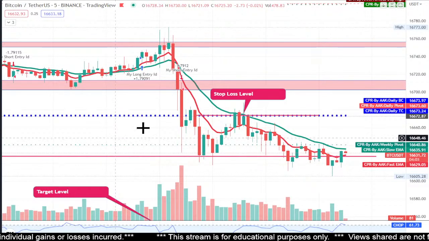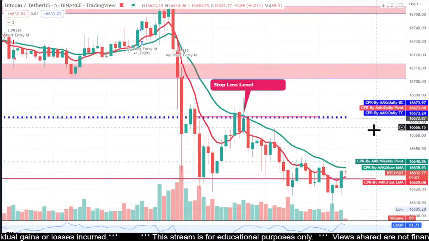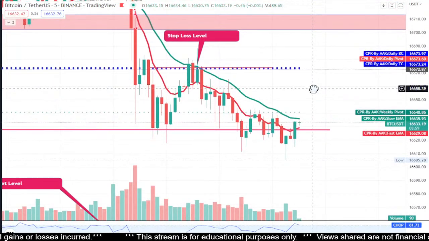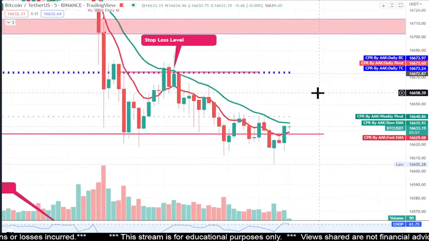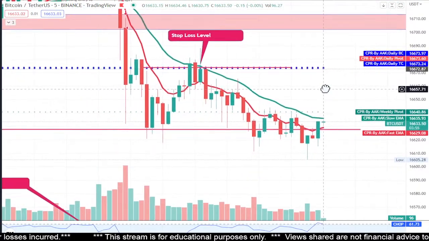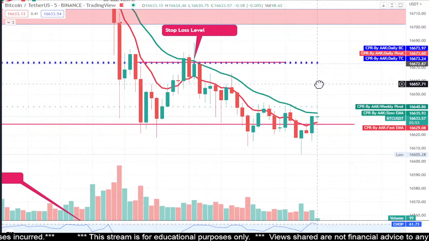And we are sitting very close to the price barrier. Let's zoom in on the chart. We don't need those figures because we are way lower than that particular level.